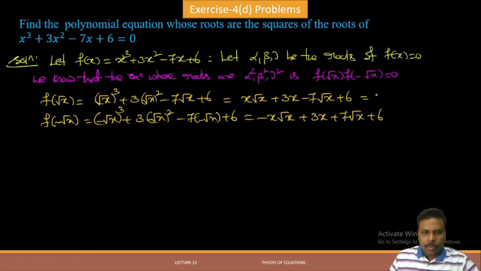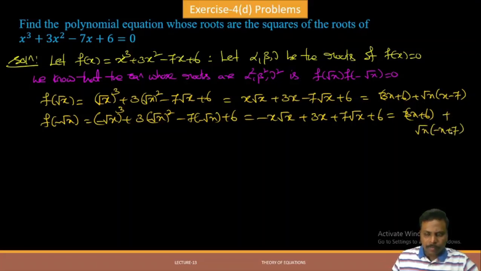So this can be written as 3x plus 6 plus root x into x minus 7. This can be written as 3x plus 6 minus root x into, if I take common, minus x plus 7.